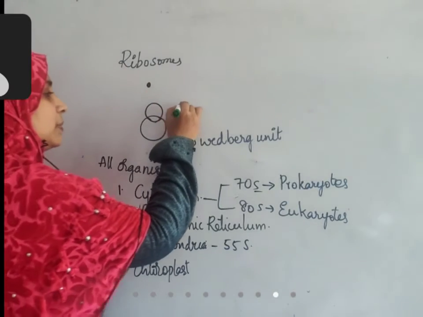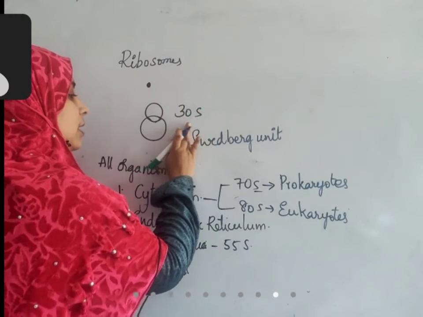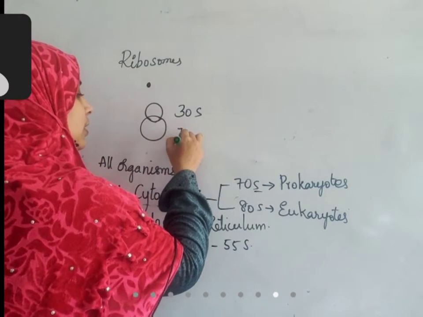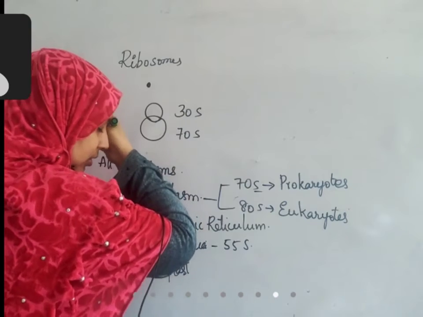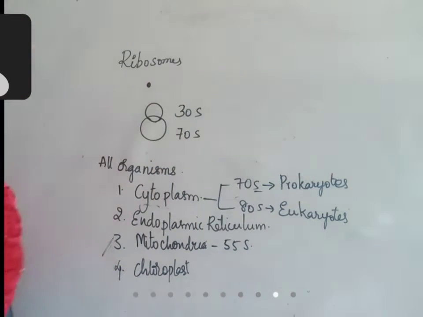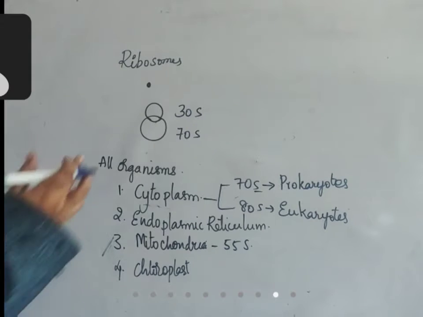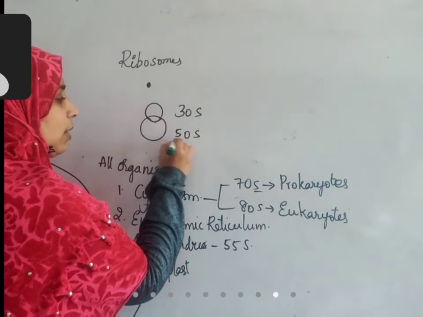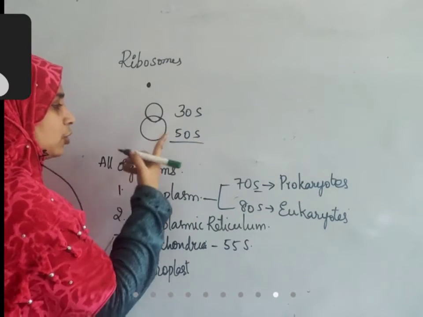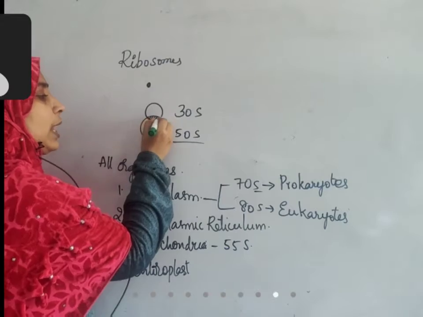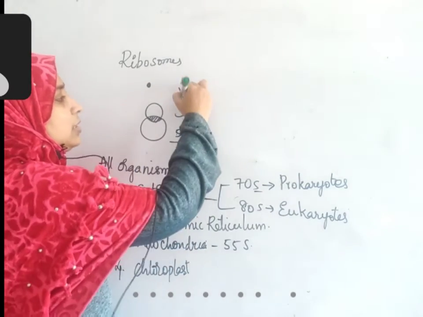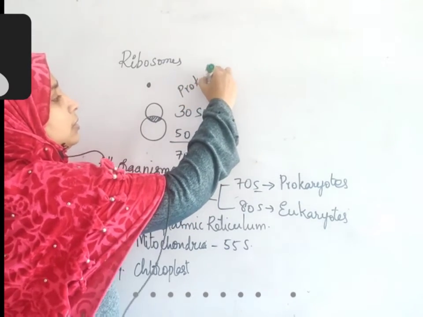The smaller unit is made up of 30 Svedberg units and the larger unit is made up of, no, sorry, 50 Svedberg units. Coming together, it should be 80. Why is it not 80? Because a small overlap is present. So it comes only to a 70S ribosome. This is present in prokaryotes.